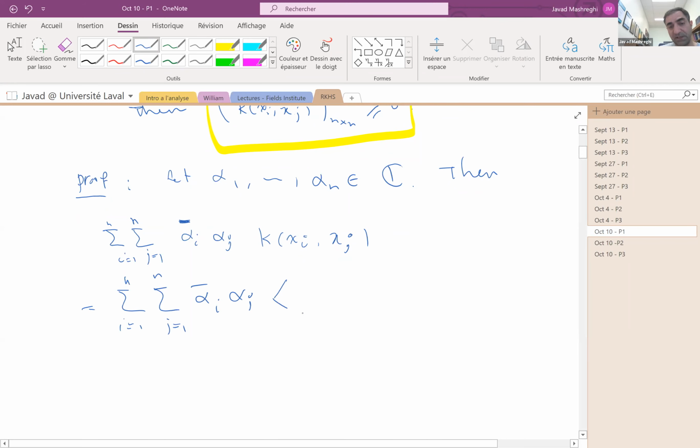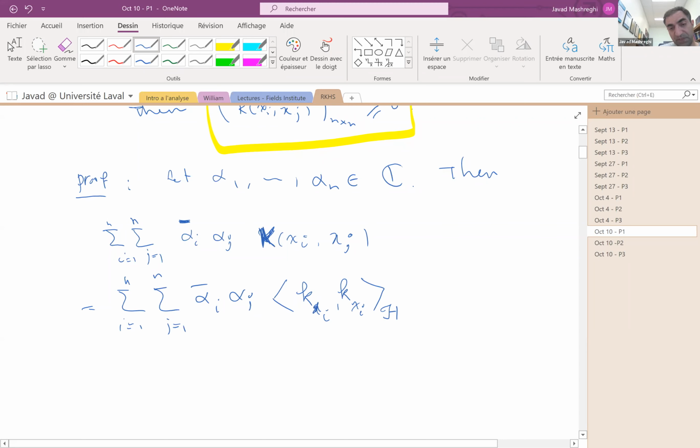This is the inner product of the kernel function k_y with the kernel k_x in the space H. That was the very definition of capital K, which we had a few weeks ago.